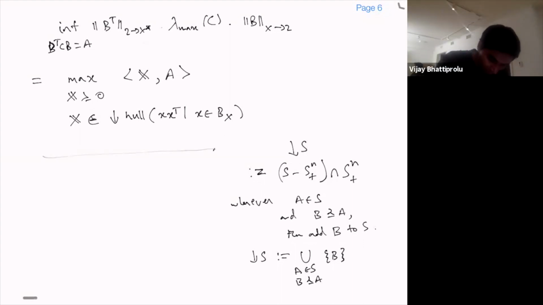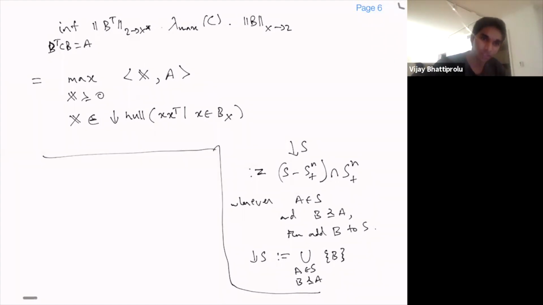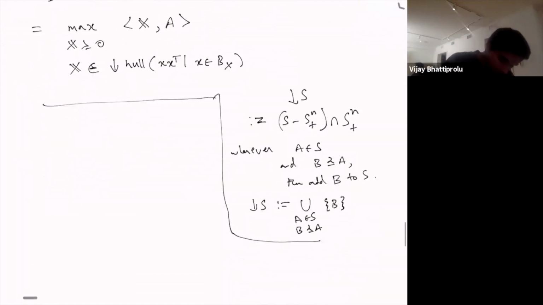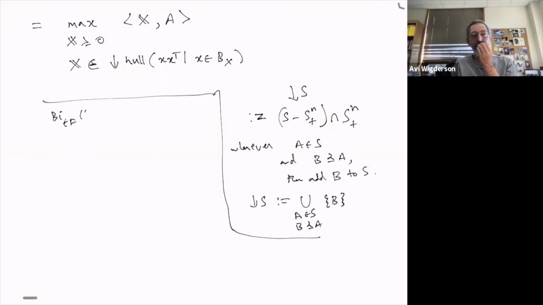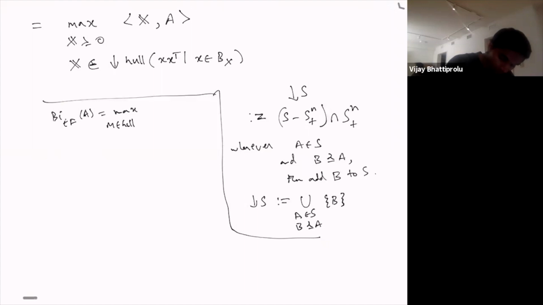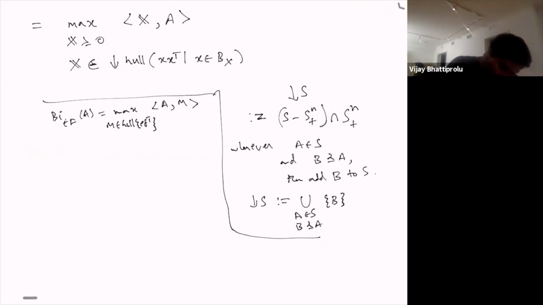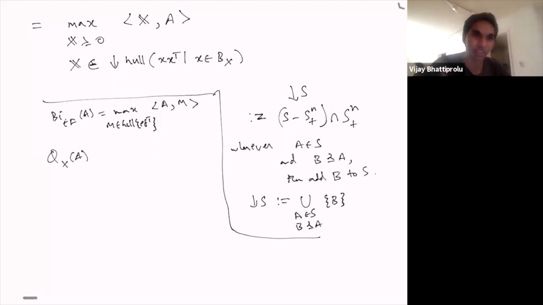Right. This is a good question, and it's actually my fault for not saying it in the right order. Just as you reminded us, the bilinear maximum of A is equal to the maximum over M belonging to the hull of the E F transpose guys, of A inner product M. This was just taking the convex hull of the things. On the other hand, the quadratic maximum also satisfies a similar fact because it's x transpose A x.